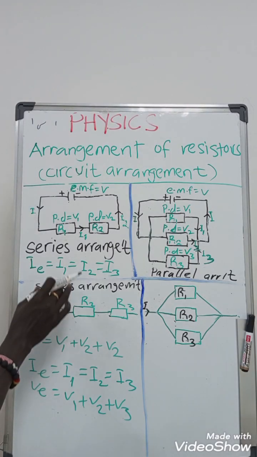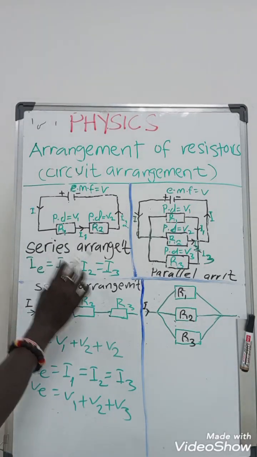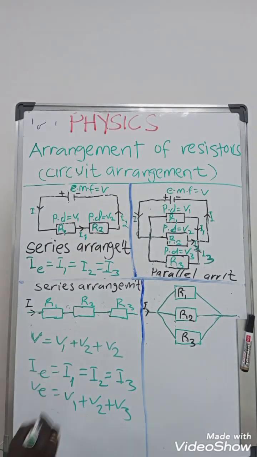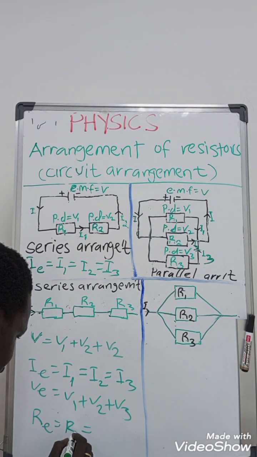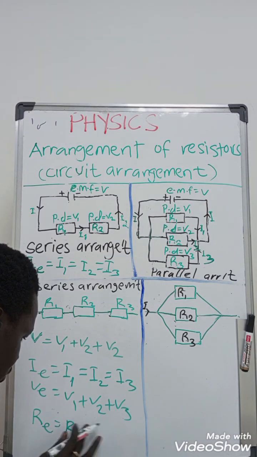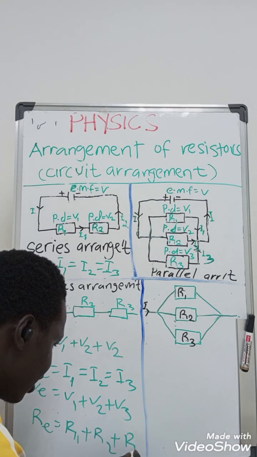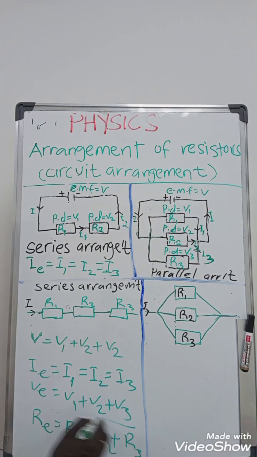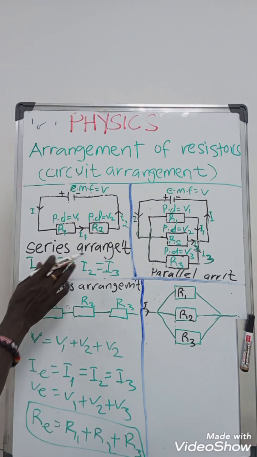This is where we are going to get the formula for the resistors in series arrangement. We have R is equal to R1 plus R2 plus R3. This is the formula for the resistors in series arrangement.